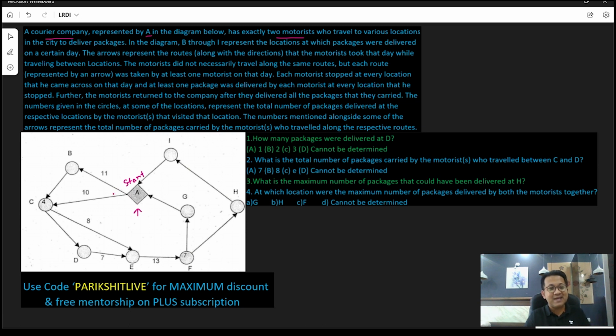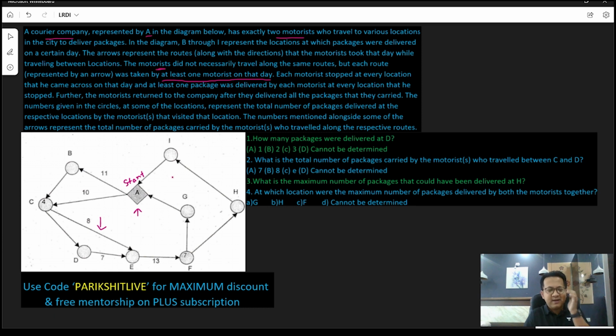Similarly, between C and E, you go from C to E, but you can't come from E to C, simply because the arrow points in the direction of C to E. The motorists, remember there were two motorists, did not necessarily travel along the same routes, but each route represented by an arrow was taken by at least one motorist on that day.